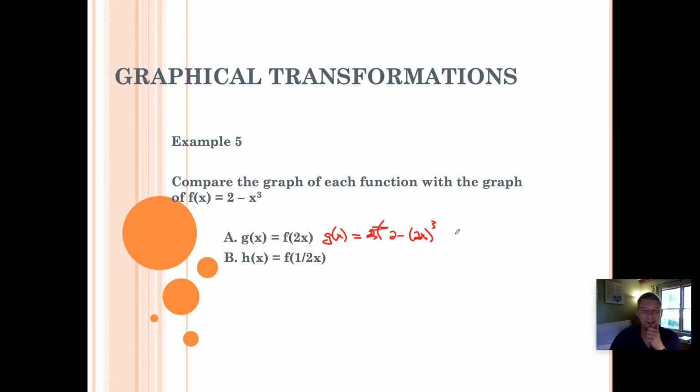And so g of x is going to equal 2 minus 8x cubed.